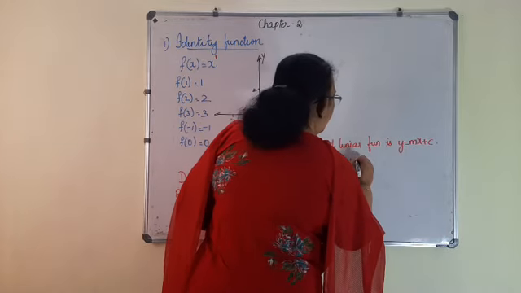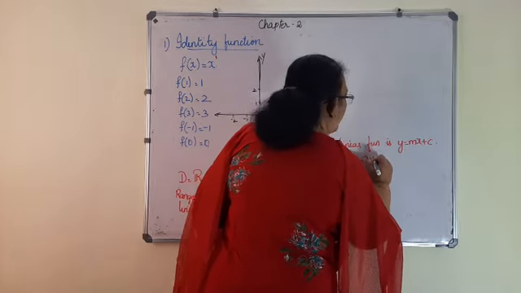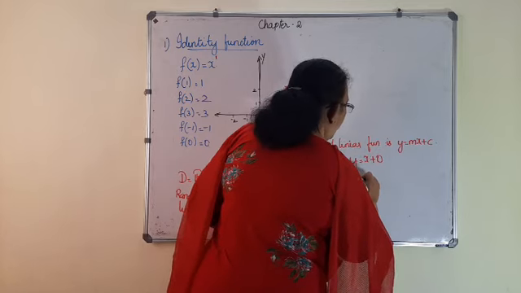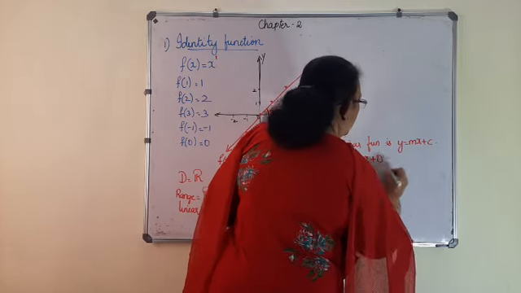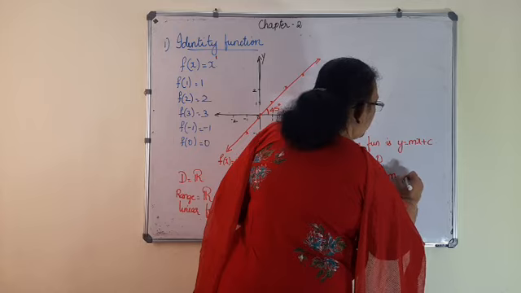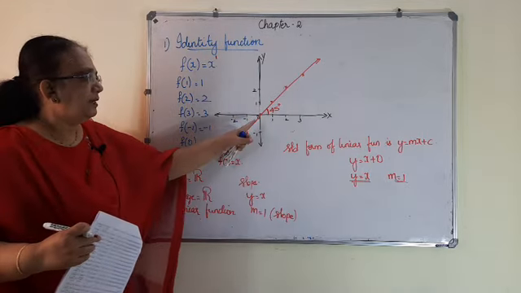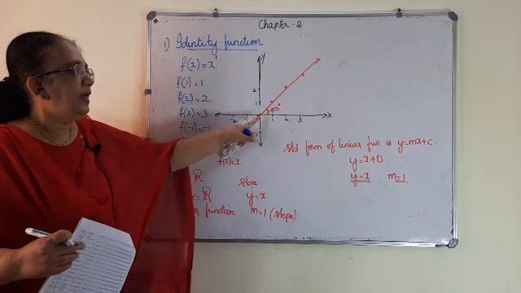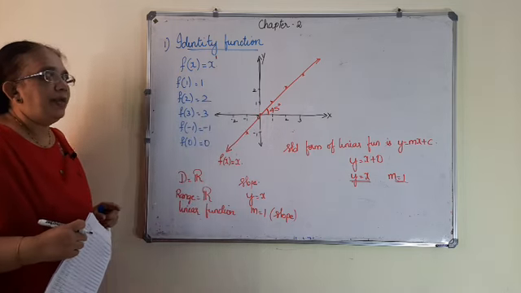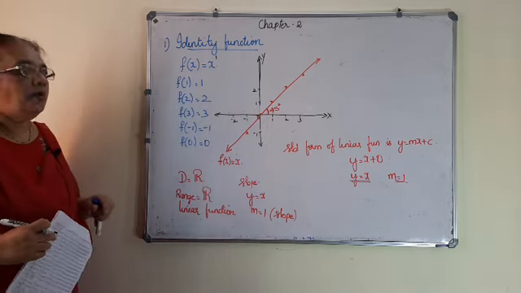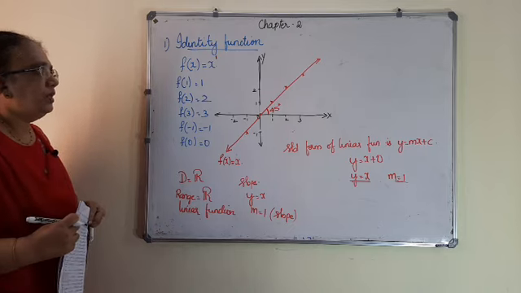Here you have y is equal to x plus 0, or y is equal to x. So m corresponds to 1, that is, slope is equal to 1, and it is inclined at an angle of 45 degrees with the x-axis and the y-axis. This is called the identity function graph.